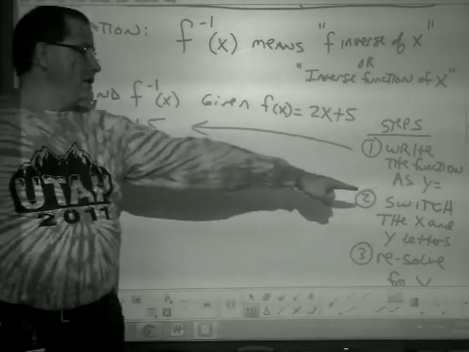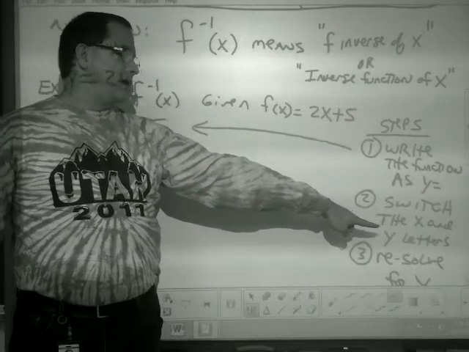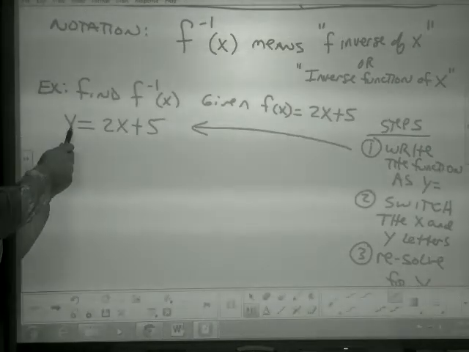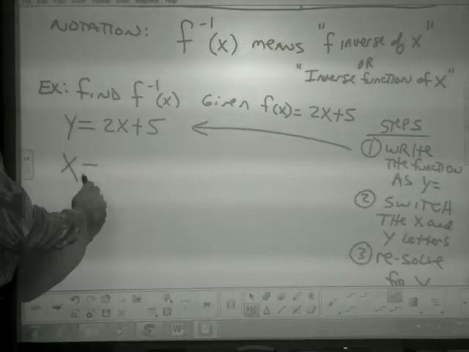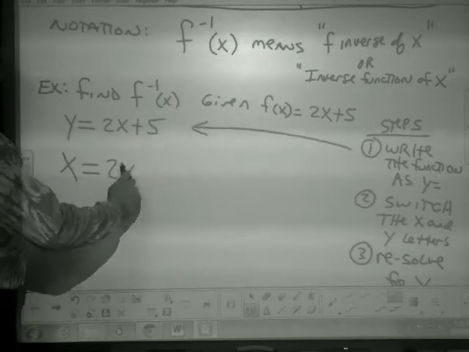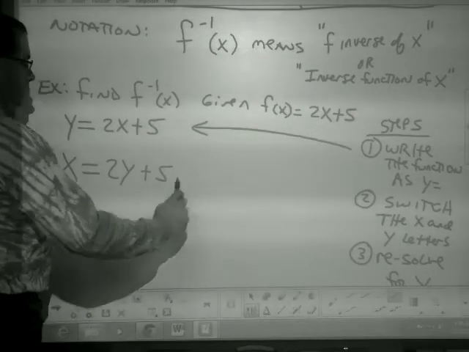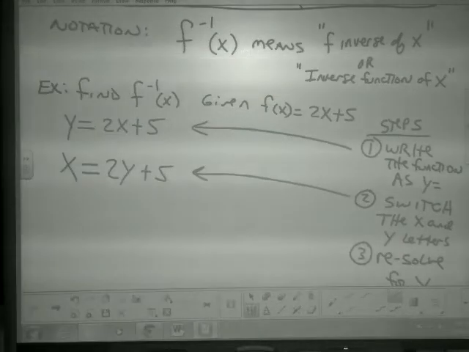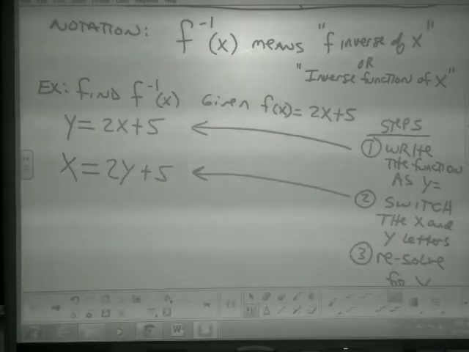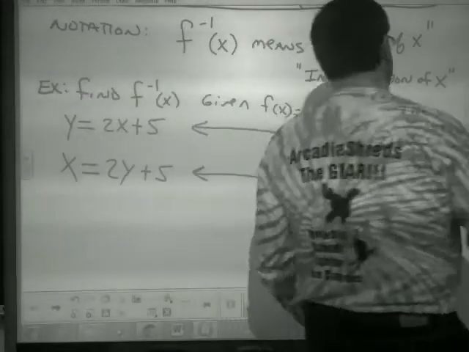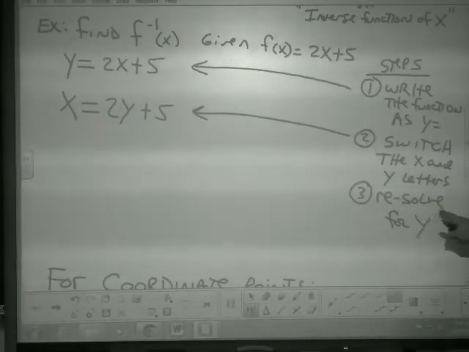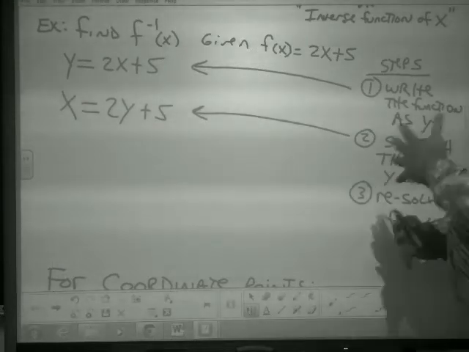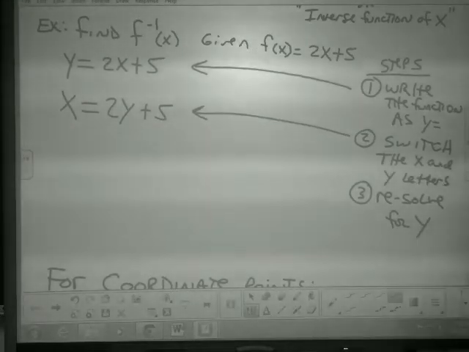Step number 2 says switch the x and y letters. So go back to this, and wherever you see a y, you're going to put an x, and wherever you see an x, you're going to put a y. Switching those around, that is step 2. And then once you have the x and y letters switched, you're just going to resolve this problem for y. So you have to go back through the process of getting y by itself.